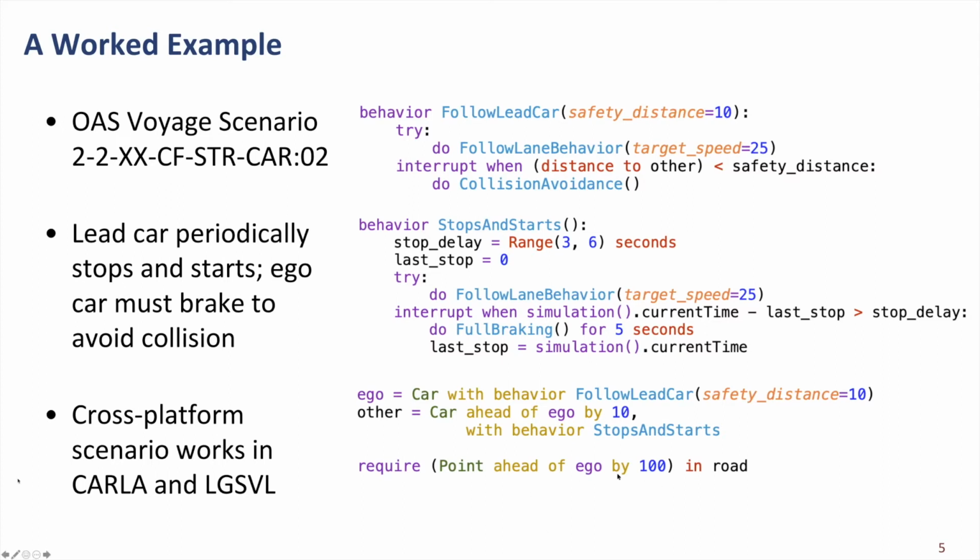We're going to require that there's at least 100 meters of free space ahead of the ego. And finally, we'll add a termination condition here, which is saying that if the ego goes out of a lane, then we can terminate. This means, for example, if we enter an intersection, we'll terminate the scenario.